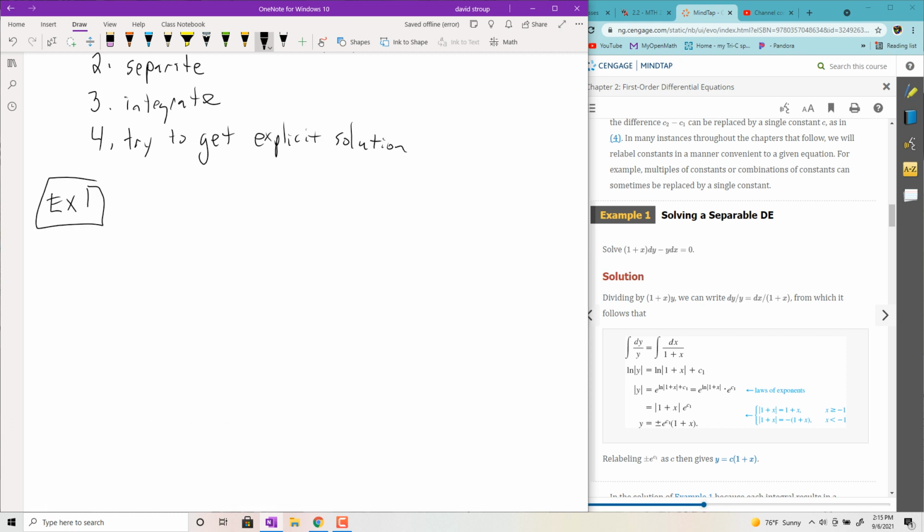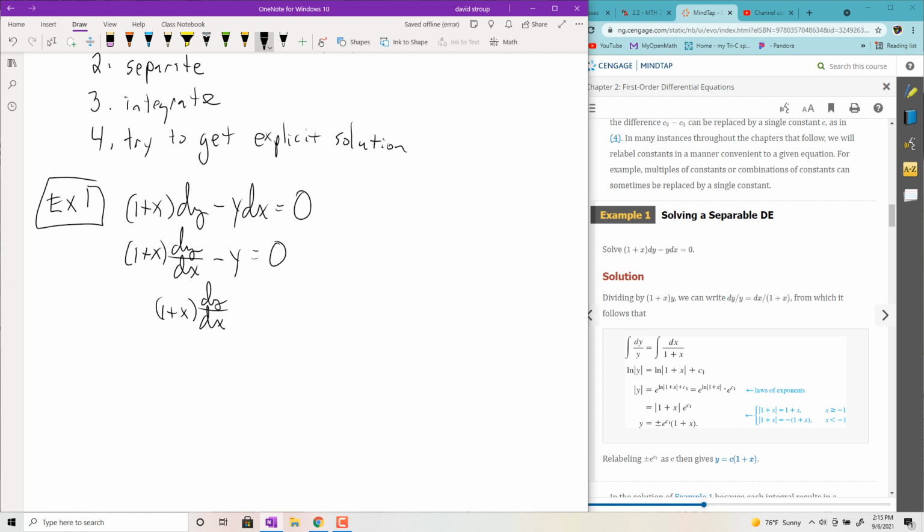They give the problem in differential form, so it doesn't even look like a separable equation, but it is. What I'm going to do is divide through by dx. So I get 1 plus x dy over dx minus y is 0. Then I'm going to try to isolate the dy over dx, so add y to the other side.